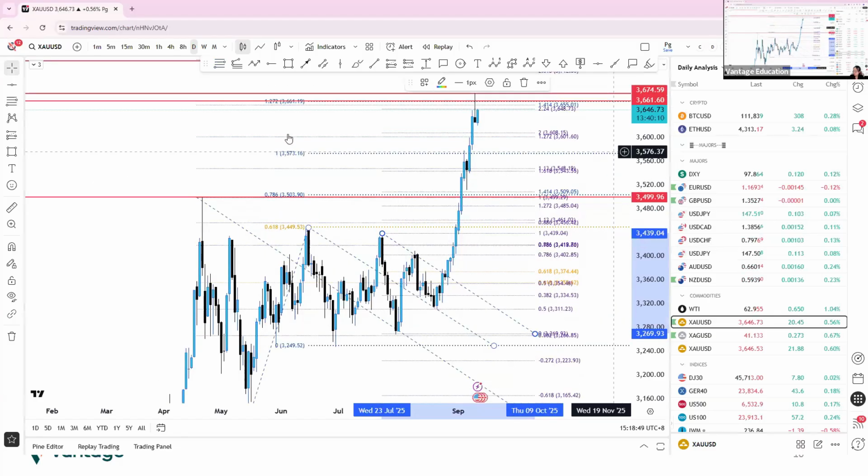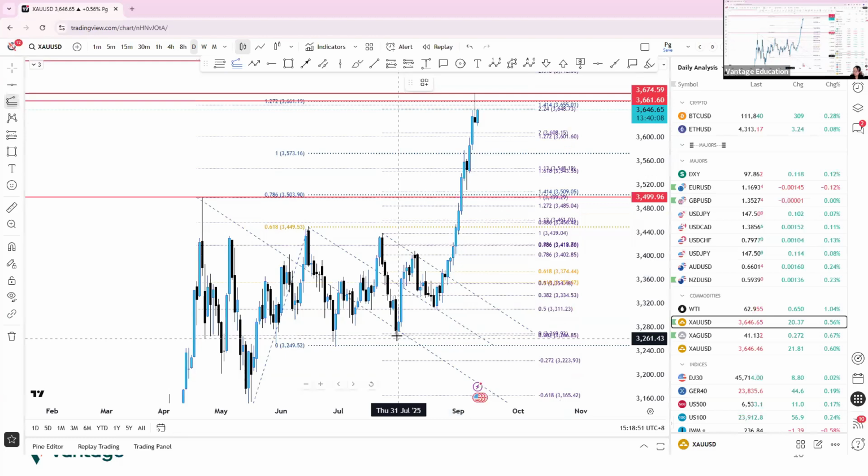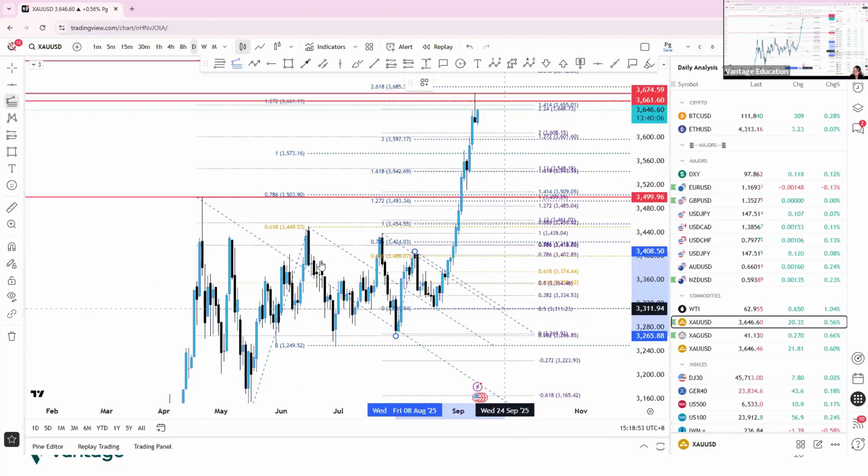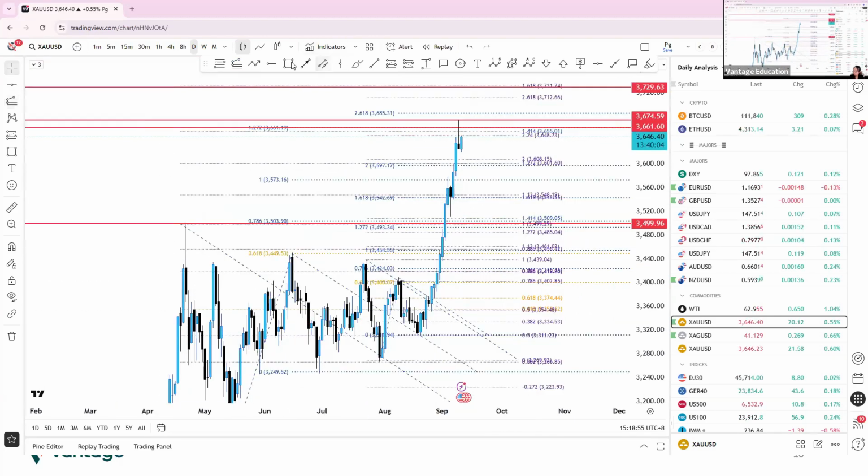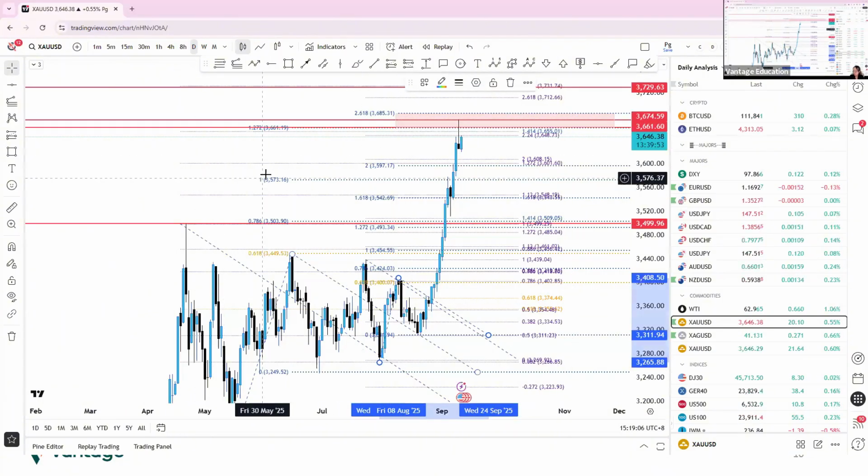Zoom. You don't get confused. Where is my zone? So my zone was here. Okay, from projection, and I have another projection, 216. So that's going to be the zone.